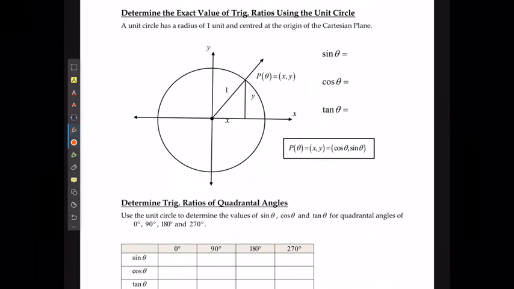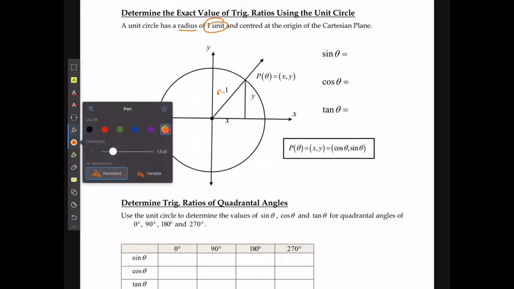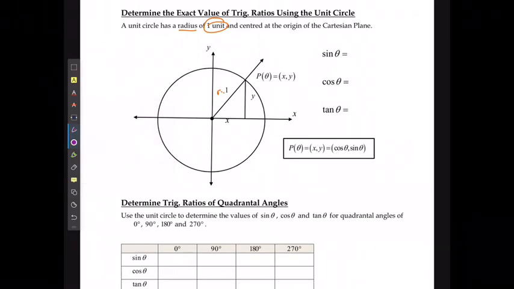If I'm using a unit circle, the radius or hypotenuse is always going to be 1 unit on the unit circle. So instead of r, I'm just going to call it 1. Which means that, in this case, sine of theta is going to be y over 1, or just y.